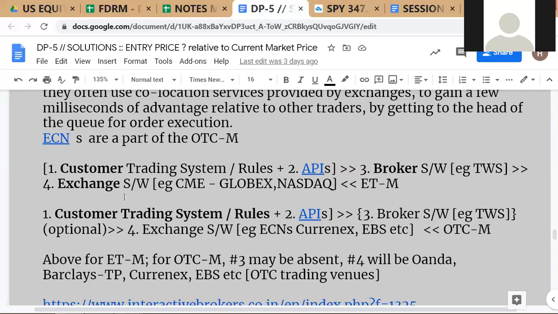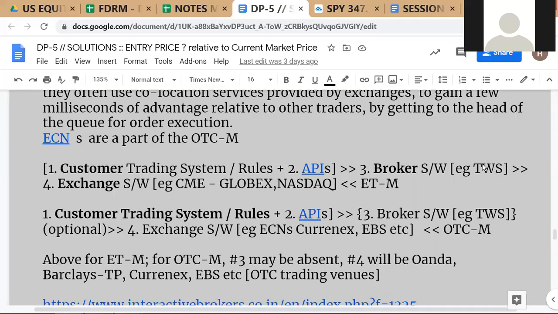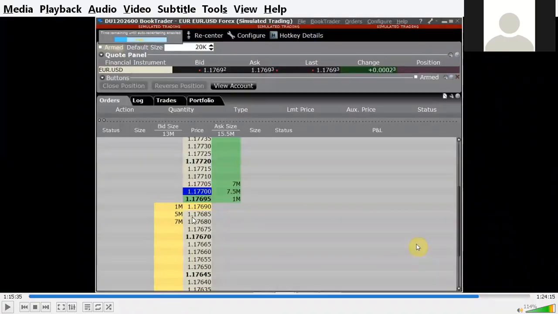At the broker level, the broker is showing you the trades that he has on his software for his customers only. So this is actually an example of the Interactive Brokers order book, because FX is an OTC market. So this is IB's order book.